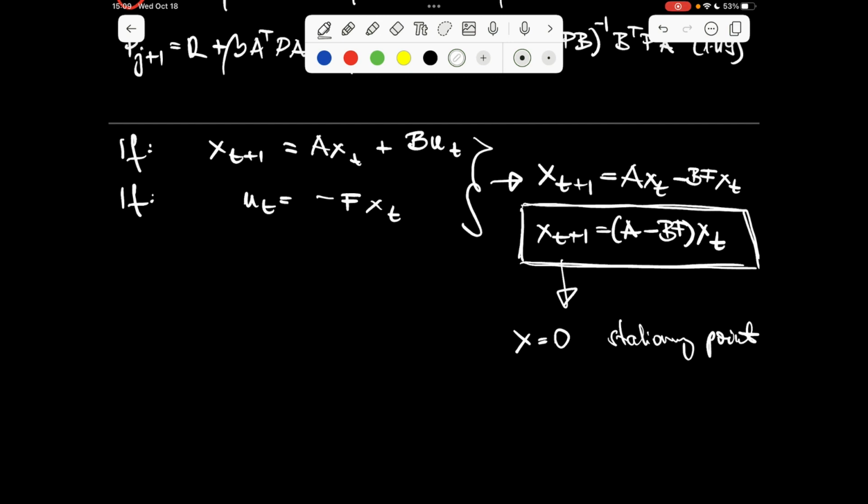If its eigenvalues are strictly less than 1 in absolute value, then this is a stable matrix, and this is a stable process converging to the stationary point 0.